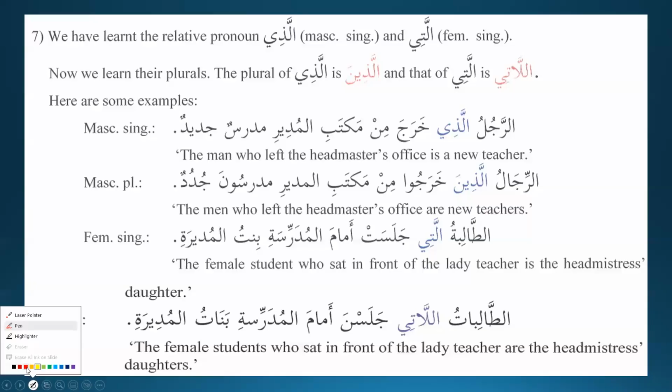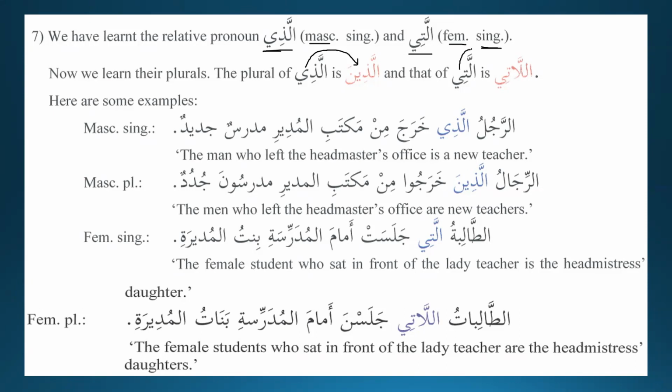The next point here: we have already learned the relative pronouns alladhi and allati, and we know that alladhi is used for masculine singular and allati is used for feminine singular. Now if you want to make the plural, the plural of alladhi is alladhina. It's used a lot in the Quran, and similarly the plural of allati is allati.